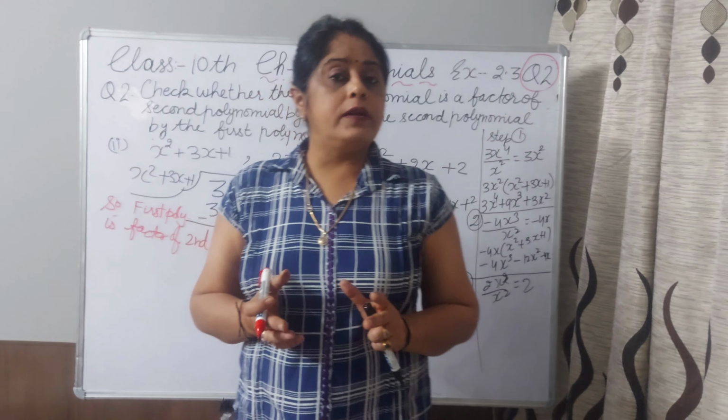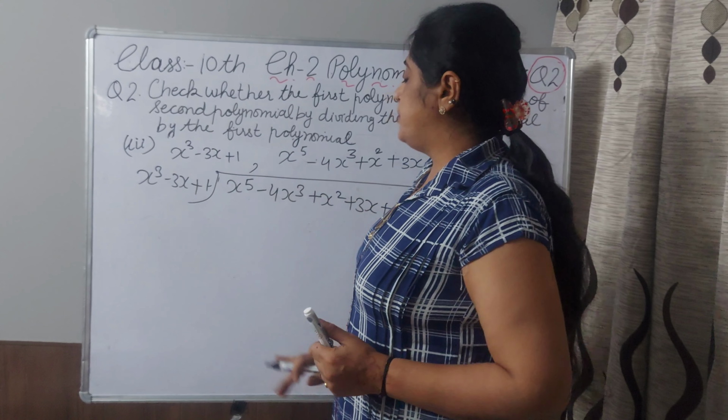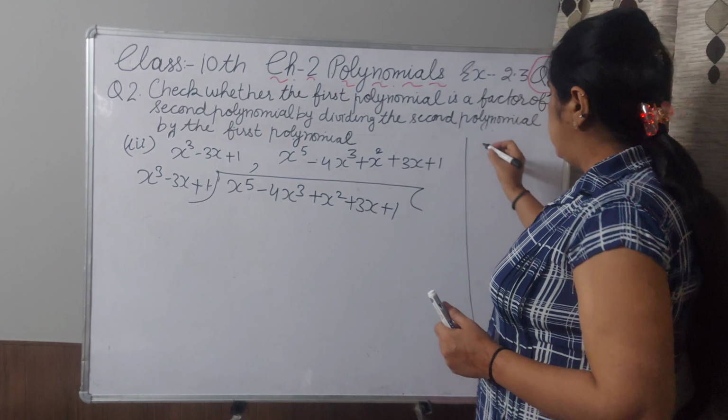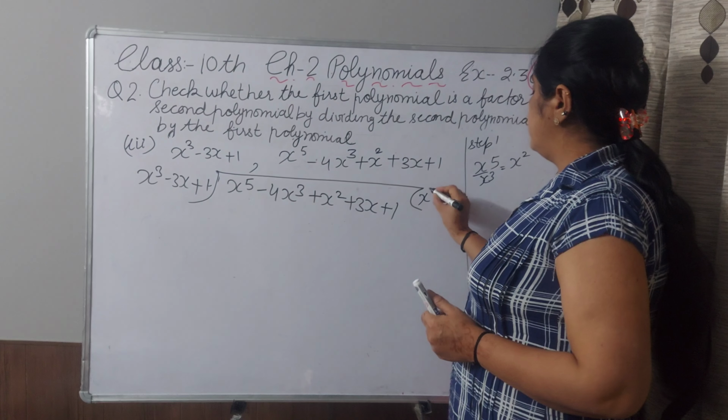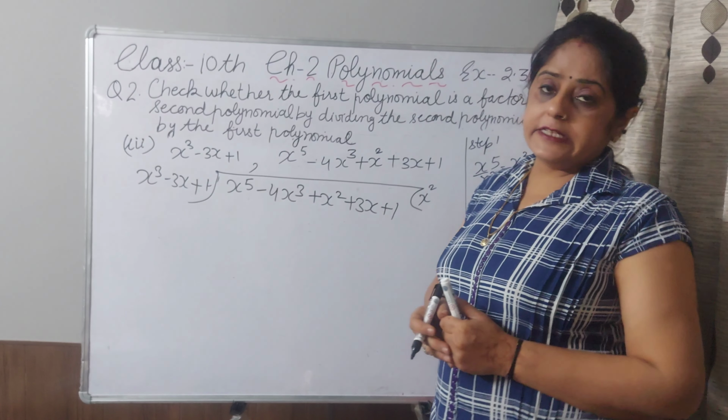Now third part. We have to divide; this is the second polynomial and this is the first polynomial. Step 1: dividend first term divide by divisor first term, x raised to power 2. In the place of quotient, you write x power 2.